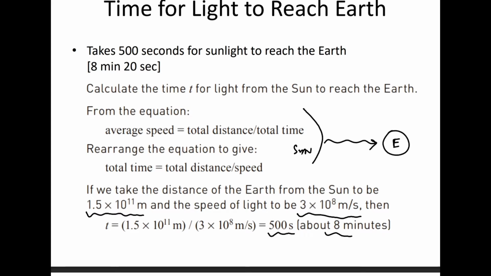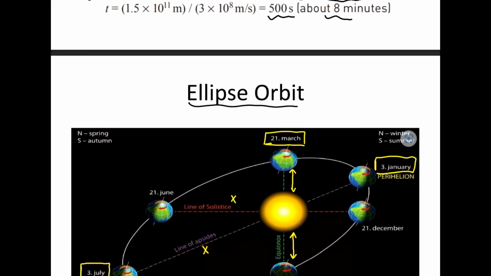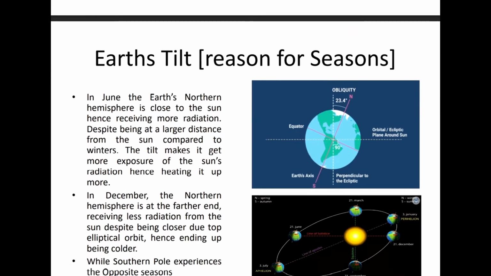So technically, the light that we receive on the Earth right now, at this very instant, is actually in the past. It happened 8 minutes ago. That is just a fancy way of saying that the light coming towards us is 8 minutes late, or it takes at least 8 minutes to reach us.